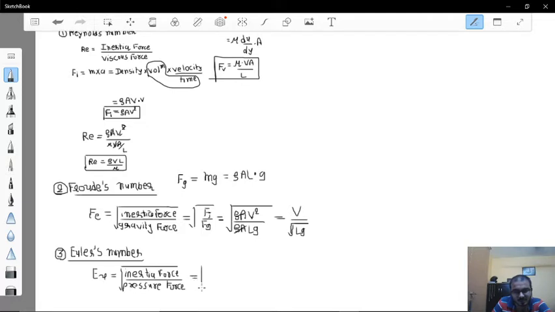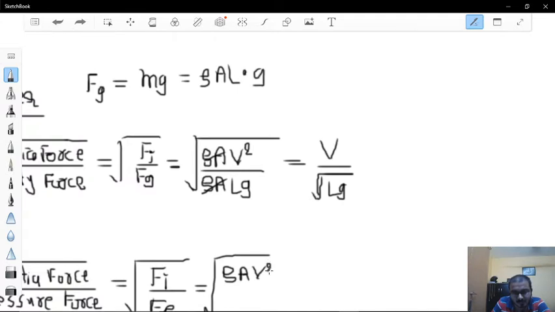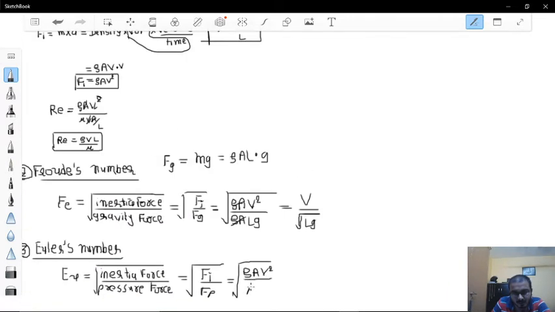Is equal to square root of Fi upon Fp, is equal to square root of rho a v square upon, equal to V upon square root of P on rho.